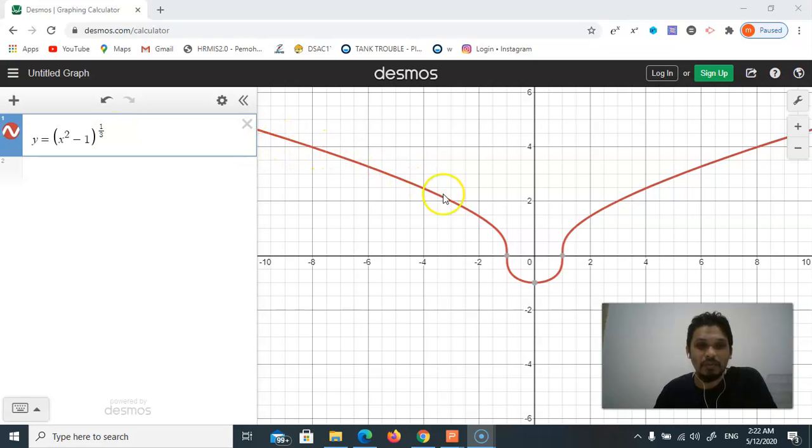So the graph is something like this, and this is the coordinate of 0, negative 1. This is the coordinate of negative 1, 0, and 1, 0. So this is a gradient where it is positive, negative gradient. This is where the gradient equal to 0 and all that.